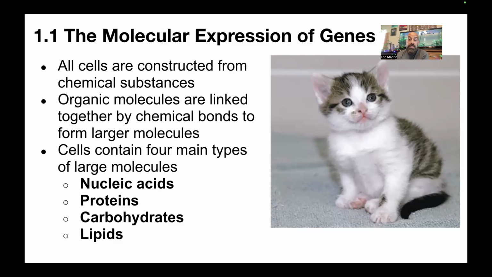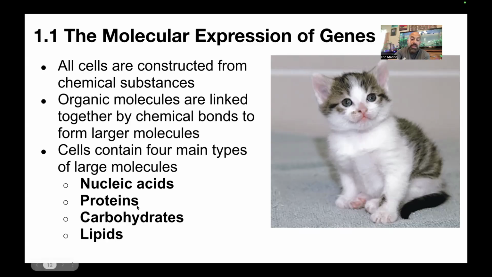And so, traits in general, particularly for multicellular organisms, are going to come from cells. So, there's going to be some cell that is doing something in some special way that goes on to produce that trait. And all cells are built from four different macromolecules. This is from your earlier courses, but you've got to remember this stuff, hopefully: everything in life is built from four macromolecules, which are nucleic acids, proteins, carbohydrates, and lipids.